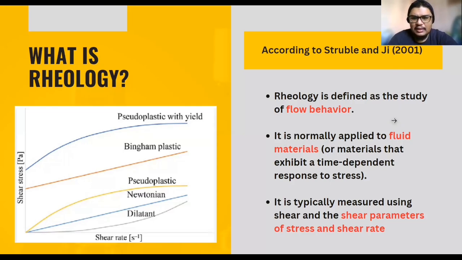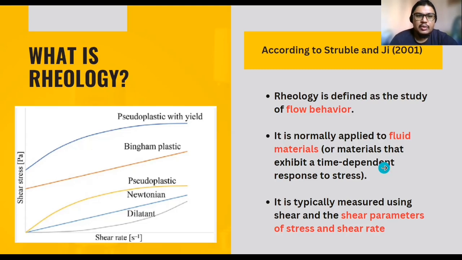It is normally applied to fluid materials, and also to materials other than fluid which exhibit a time-dependent response to stress. Rheology is typically measured using shear parameters such as shear stress and shear rate.